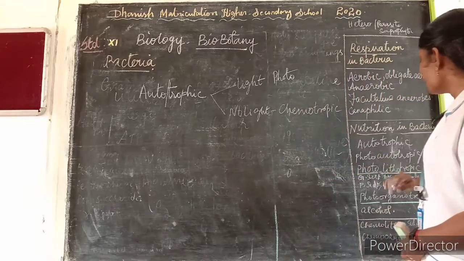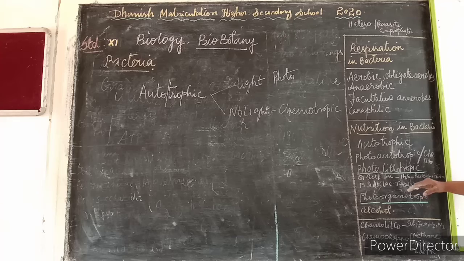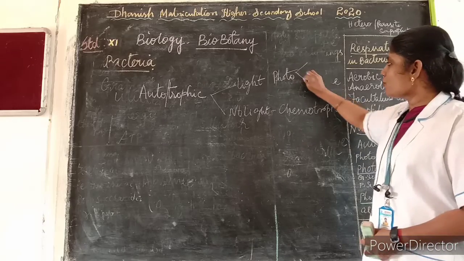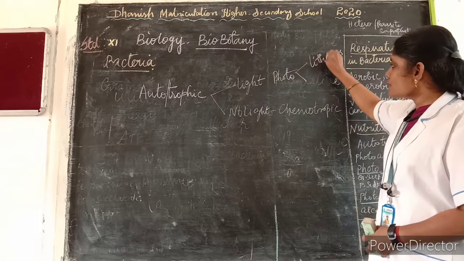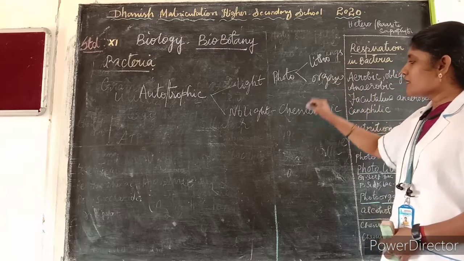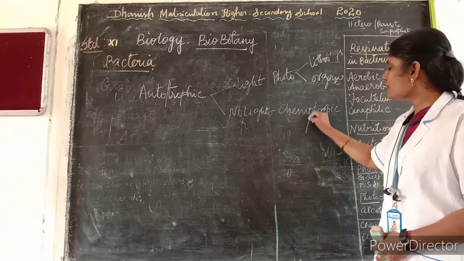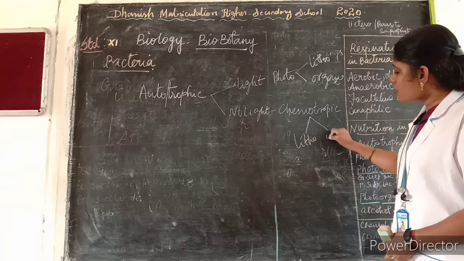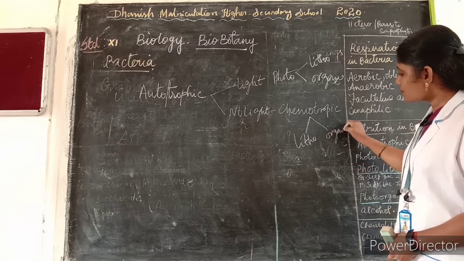Under phototrophic bacteria, we have two types. They are photolithotrophs and photoorganotrophs. Chemotrophic also, they are lithotrophs and organotrophs.